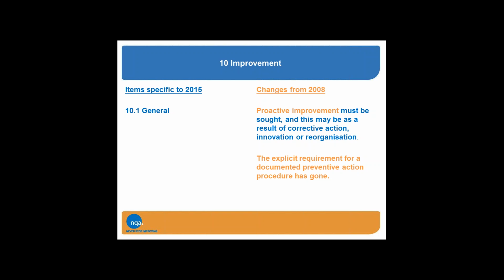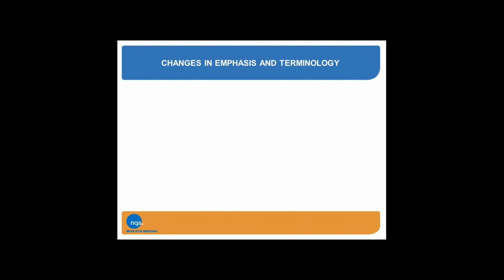And as I mentioned, clearly we don't have any reference now to preventive action, and not surprisingly, there's no longer an explicit requirement for a documented preventive action procedure. So that's another documented procedure that is no longer a prescribed requirement. If you've got one and you're happy with it and it serves you well, by all means keep it. But the standards are not requiring it.